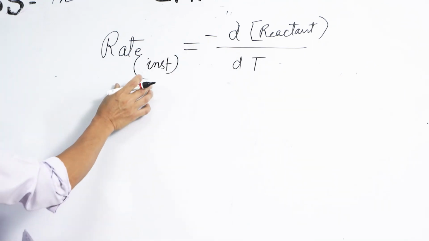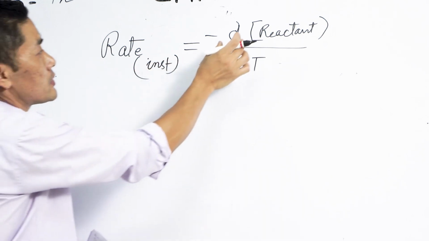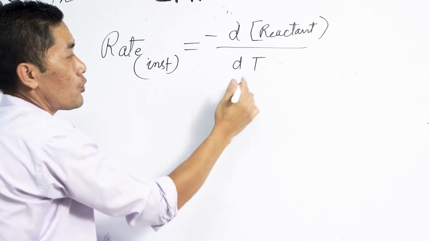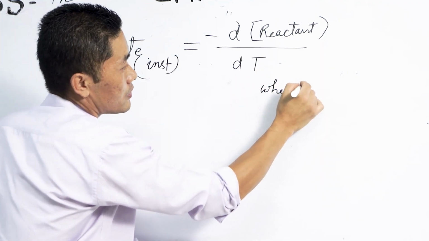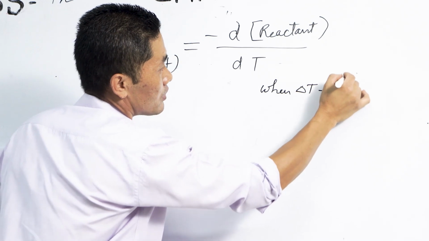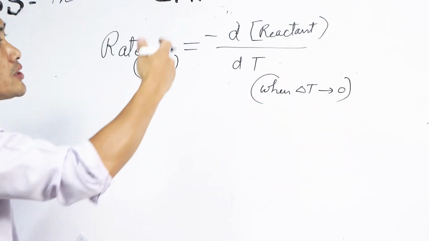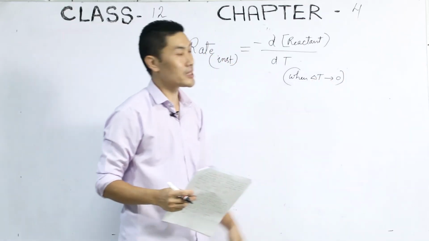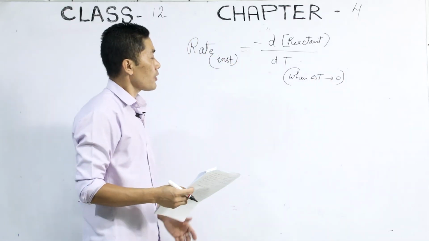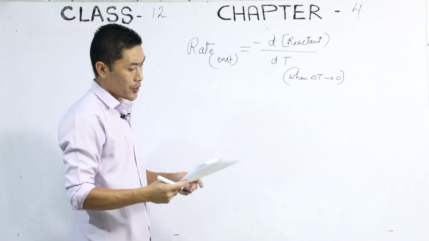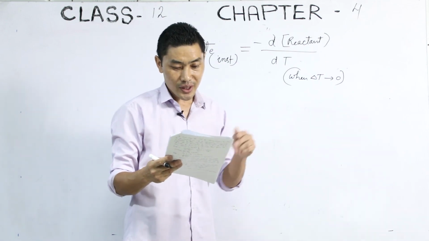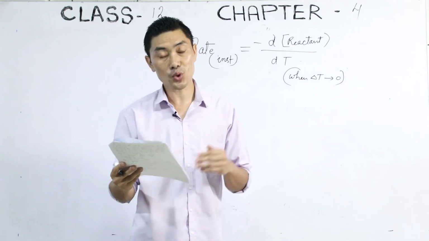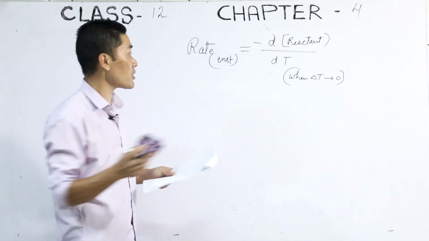So the instantaneous rate for the reaction will be the change in concentration of reactant by change in time when Δt approaches 0, or it can be the change in concentration of the product also divided by change in time. Now, let us consider a reaction in which the stoichiometric coefficients of reactants and products are the same. Let us see an example.